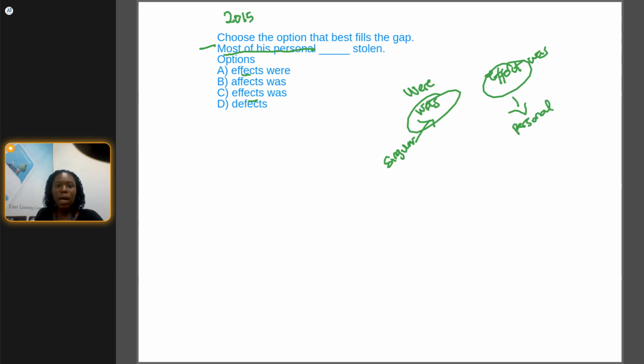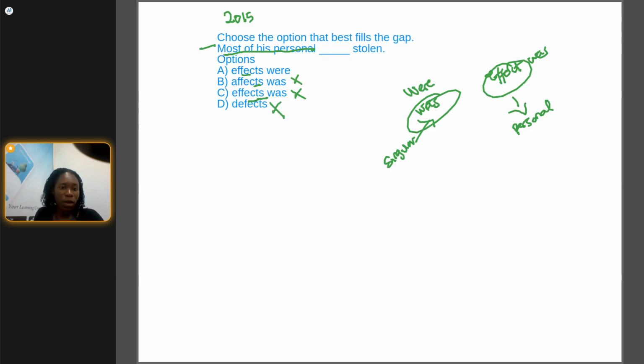So most of his personal belongings, plural. We have the option of affect was, which is not part of it. We have the option of defect, something wrong, something not in the right frame. So we have effects was, plural and then singular, which means it's not right. Also this, not right. Defect, not what we are looking for.